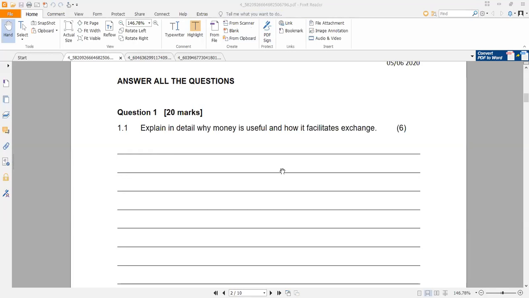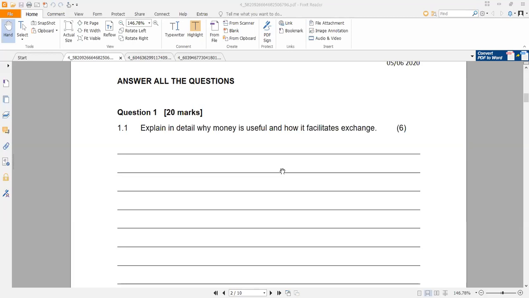We can proceed. The question is saying, explain in detail why money is useful and how it facilitates exchange. How money is useful, and explain how it facilitates exchange.